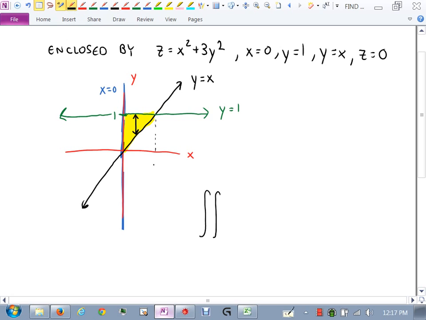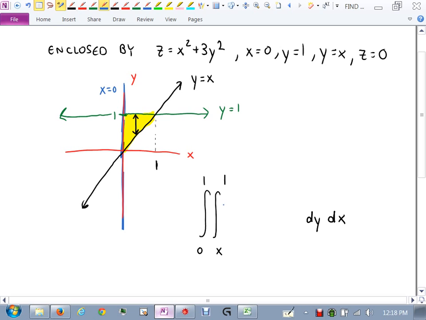Does that look like 1 there to you? Or it is 1, right? We don't have to do a lot there. 0 to 1. What's the bottom one here? Y equals x, right? So I'm going to put x down here on the bottom. What's the top function? Y equals 1. And then I'll put my order of integration. It's going to go dy dx, right?